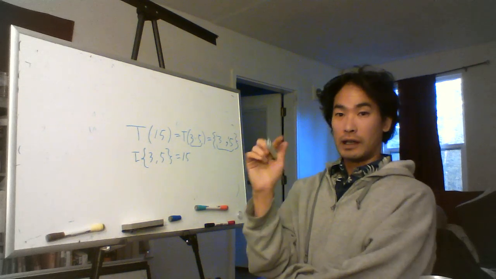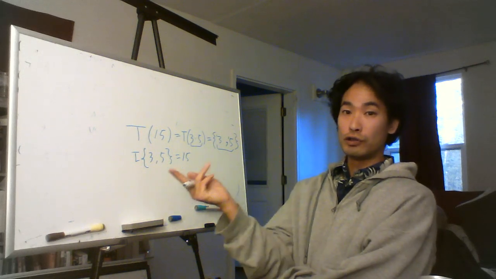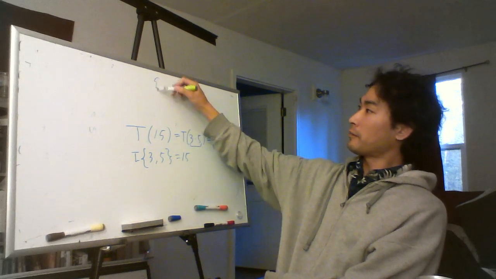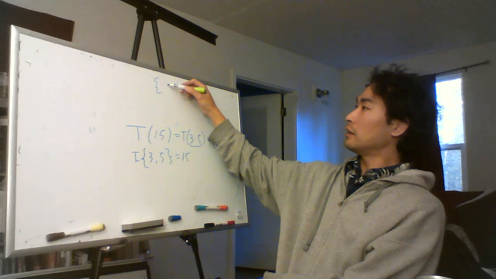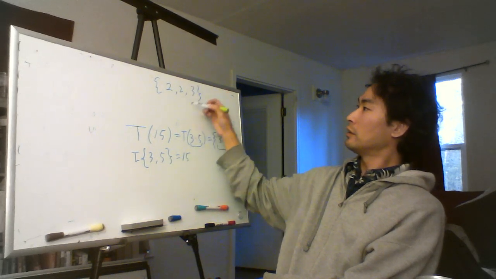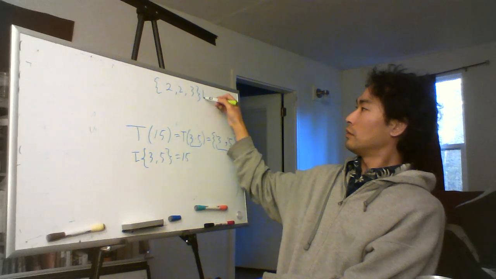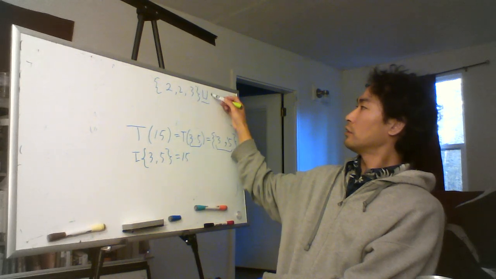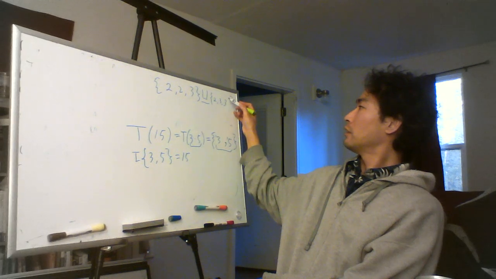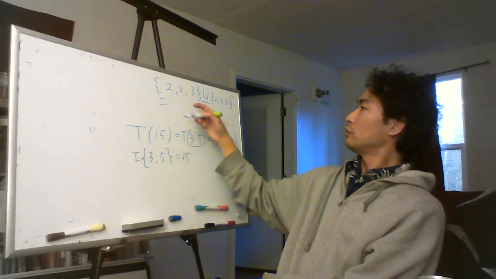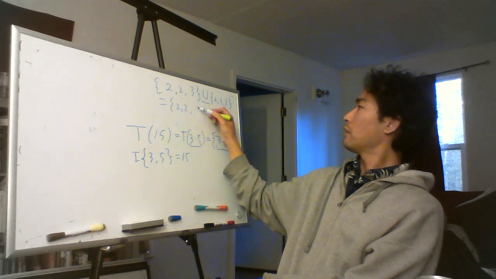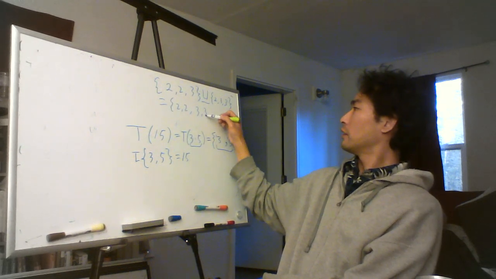In multiset, there are two kinds of union: loose union and strict union. So for example, let's say you have 2 comma 2 comma 3. In multiset union, let's say 2 comma 3 comma 3, you take the maximum of that, so it's 2 comma 2 comma 3 comma 3.